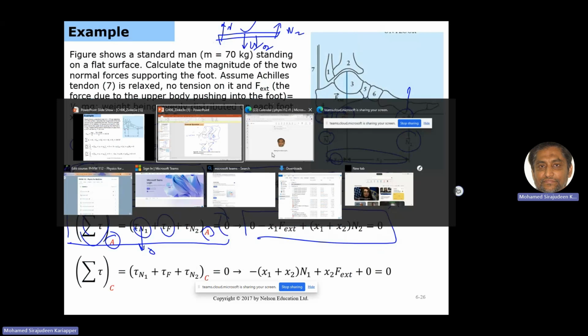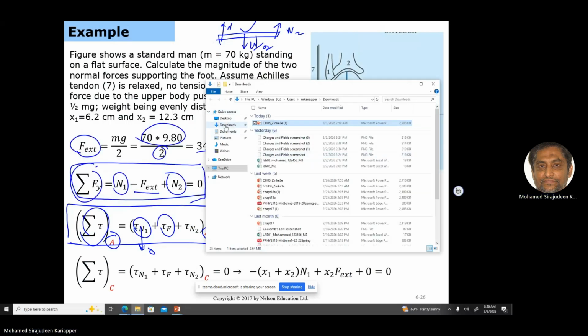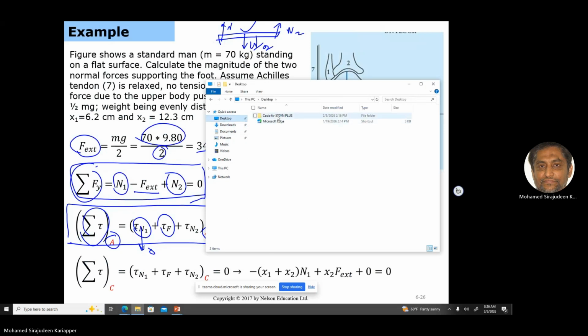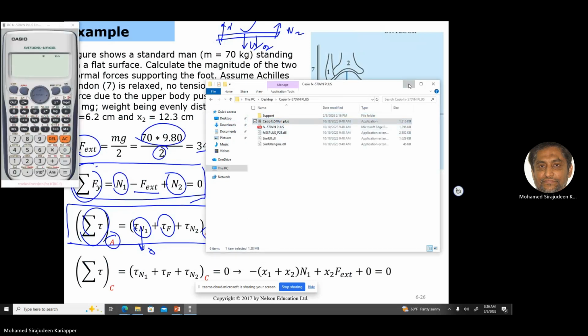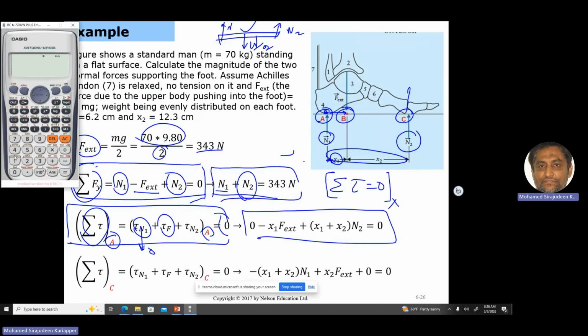Where is my calculator? Let me show how to solve the equation with the calculator rather than doing the algebra. We will just substitute values. The 0, I don't have to write.